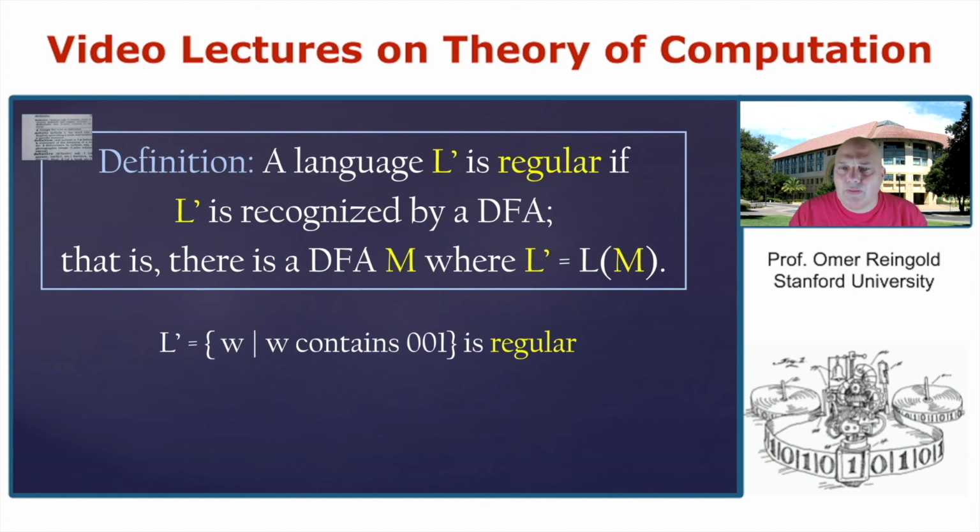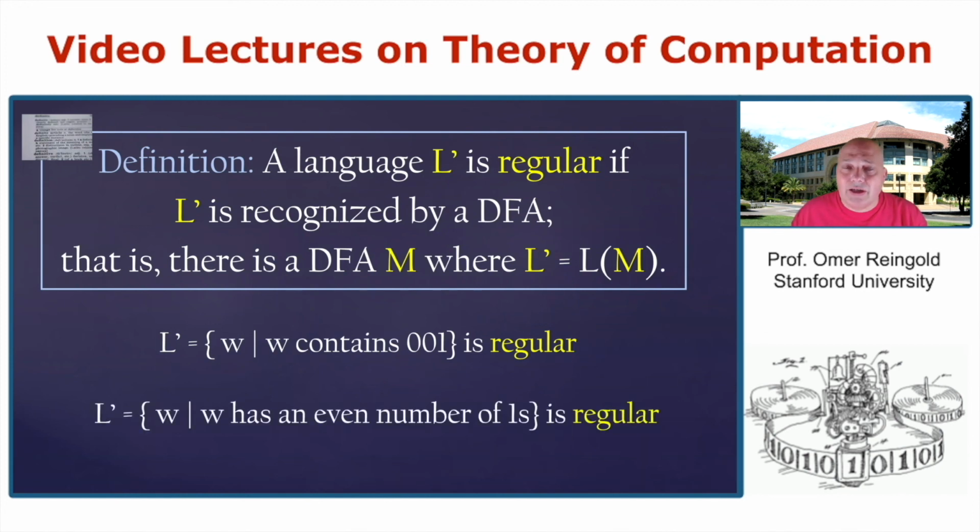The language of all the strings that contain 001 is regular, since we just built a DFA to recognize it. And the language of all W's that have an even number of ones, or an odd number of ones, are regular as well. So these are the examples we have so far of regular languages, and we are going to see much more about these regular languages in the next video.